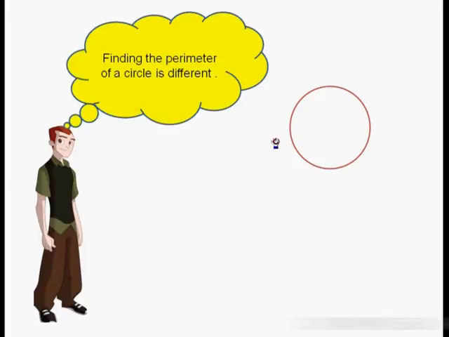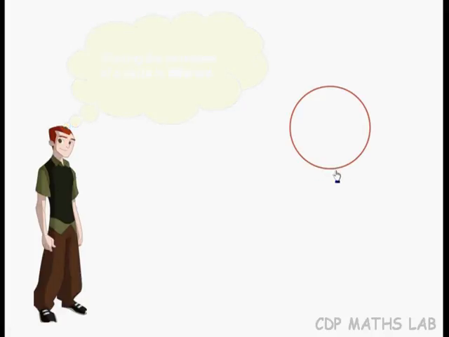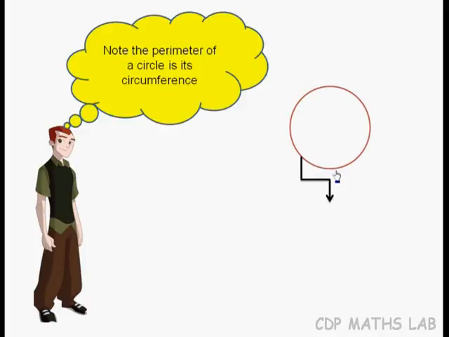Finding the perimeter of a circle is different. Yes, it's different. Now here is a circle, right? Good. Note, the perimeter of a circle is its circumference.